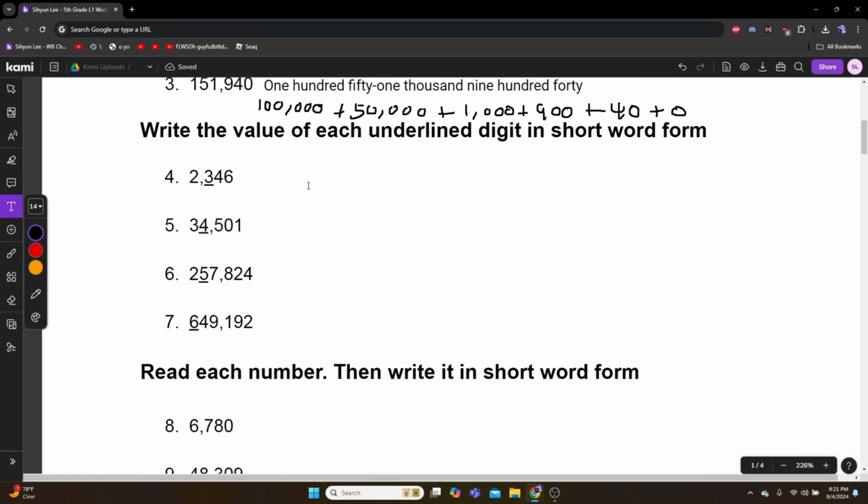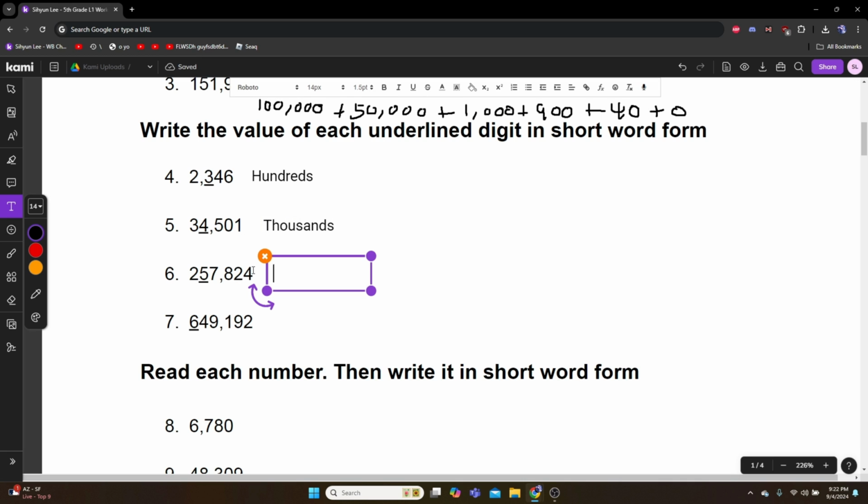Okay, moving on. Write the value of each underlined digit in short word form. So we know that this goes ones, tens, hundreds, and thousands. So if we look at where the 3 is, this is in the ones, tens, hundreds. Now look at number 5, it goes into the ones, tens, hundreds, and the thousands.